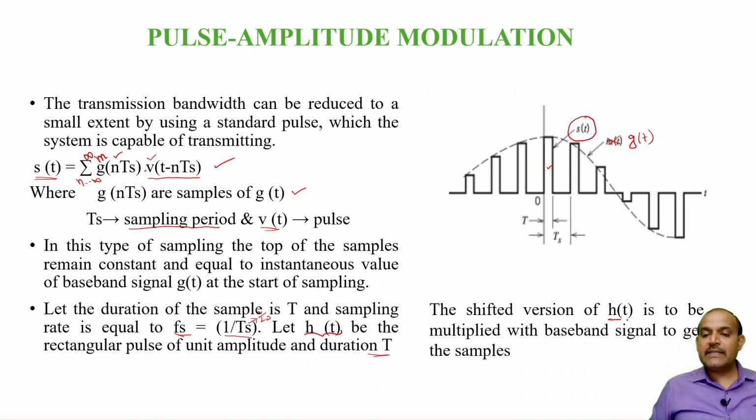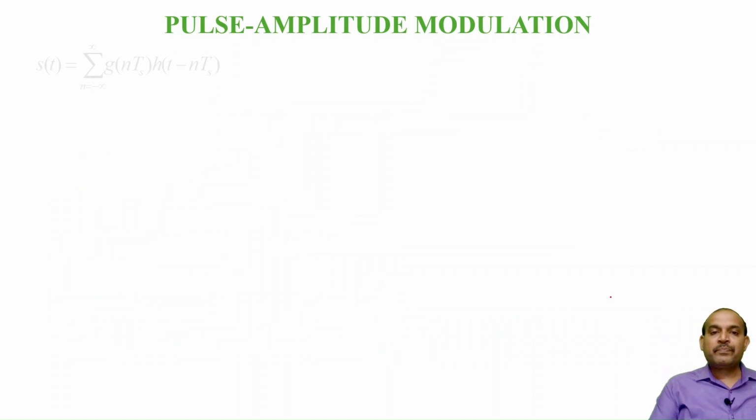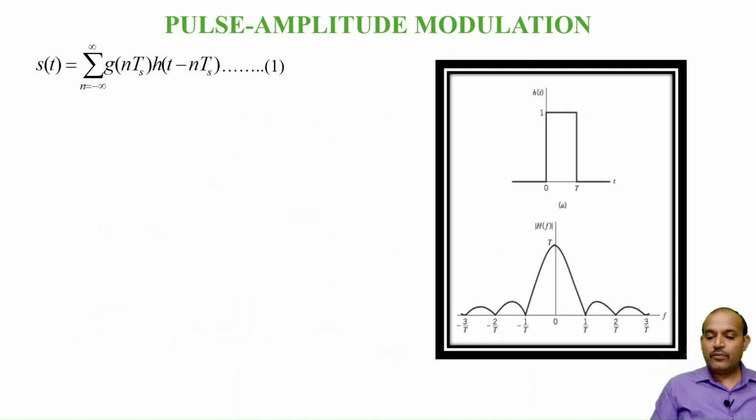Let me represent this h of t graphically. So this is your h of t, a rectangular pulse whose amplitude is 1 and the duration is from 0 to T.